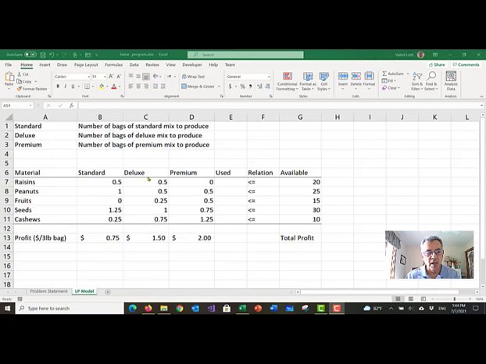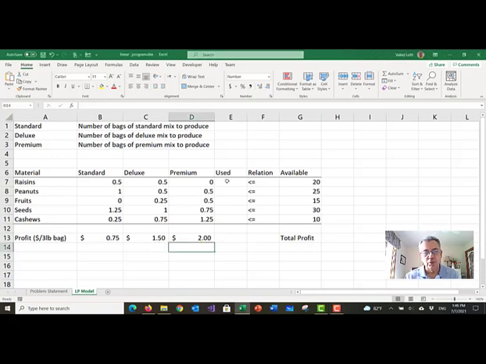Similarly, the deluxe bag uses half a pound of raisins, half a pound of peanuts, 1/4 pound of fruit, 1 pound of seeds, 3/4 pound of cashews, and the contribution to profit is $1.50. Premium does not use any raisin, half a pound of peanuts, half a pound of fruits, 3/4 pound of seeds, and 1 1/4 pound of cashews, and the contribution to profit is $2.